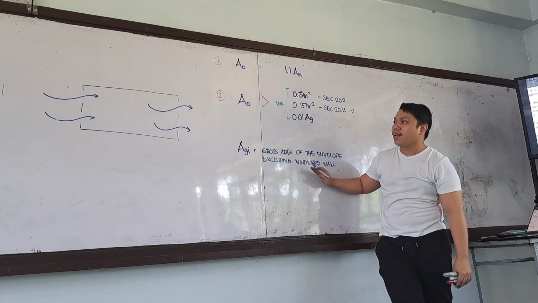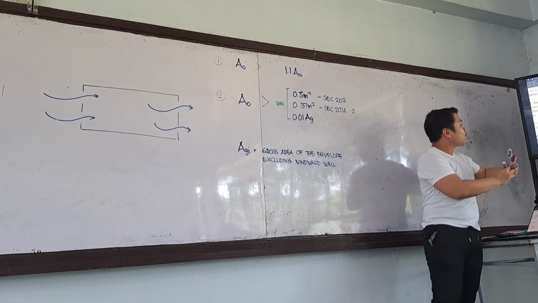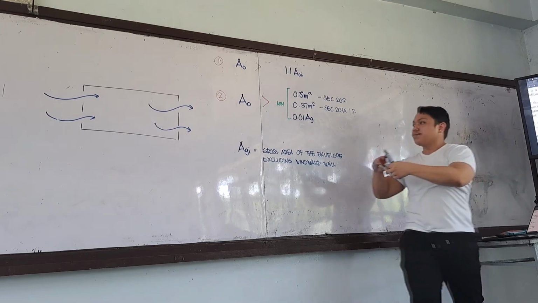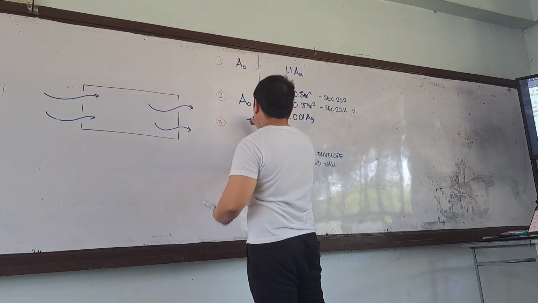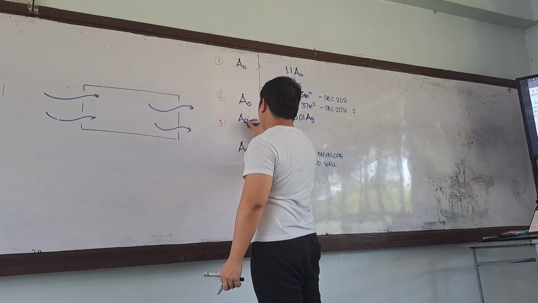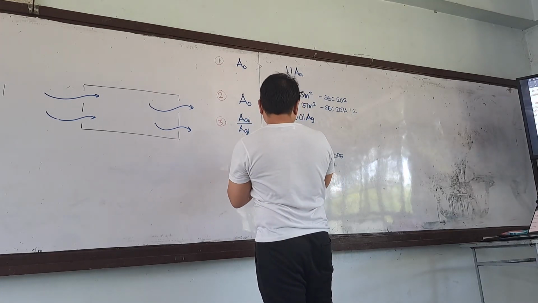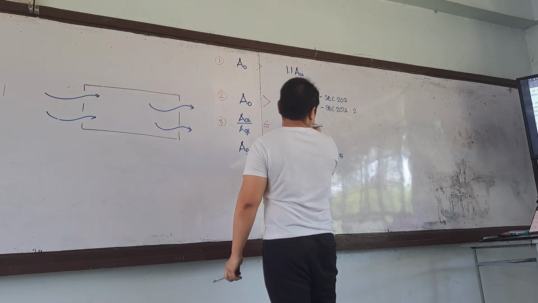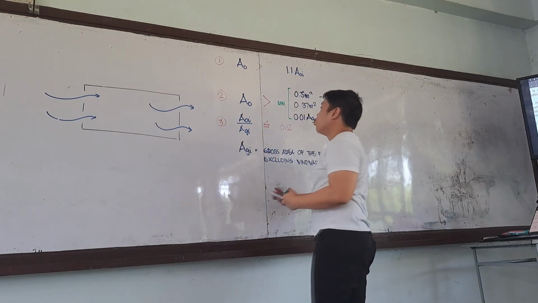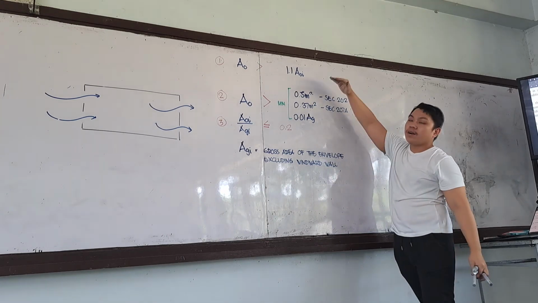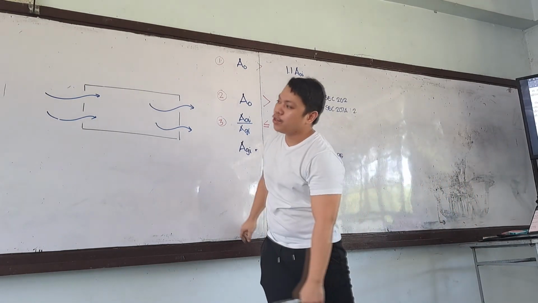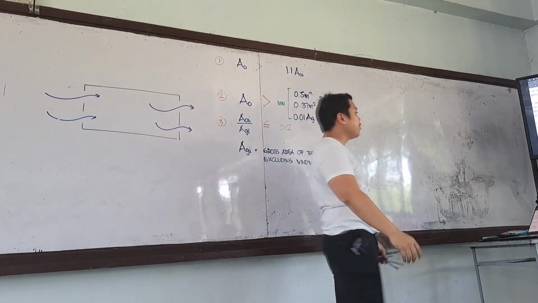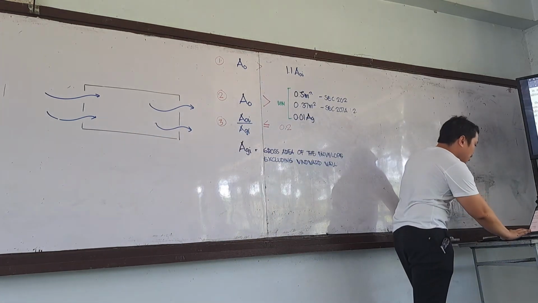This is our third condition: AOI over AGI is less than or equal to 0.8. These are our three conditions for partially enclosed. I wrote it here because we will use the AGI later on.